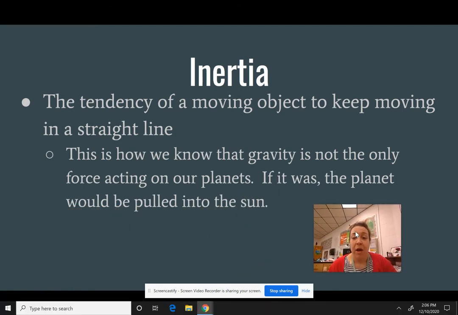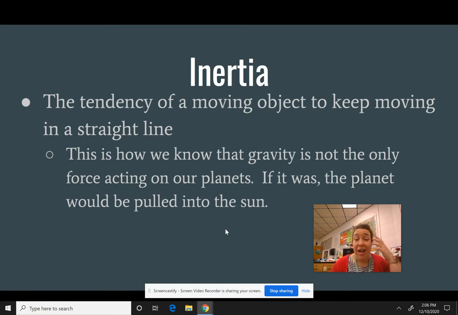All right. Our next one is inertia. It kind of goes hand in hand with our laws of motion. If you've ever heard that an object at rest tends to stay at rest, and an object in motion tends to stay in motion, that's basically inertia. It's when a moving object wants to keep moving in the same direction. There are things that can slow it down, like friction, which we've talked about.